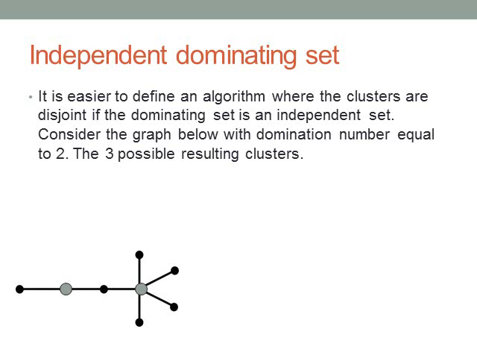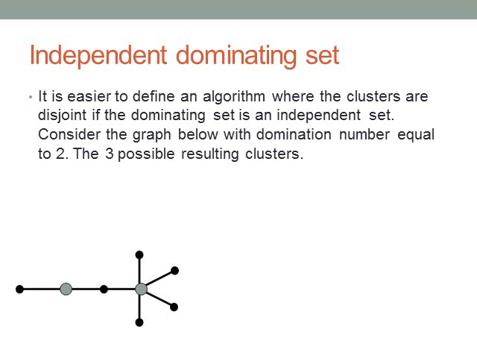If we want a cluster partition rather than a cluster cover, we most likely would want an independent dominating set. If we have, as below, an independent dominating set, then when we choose a vertex in the dominating set to be the head of our cluster, and we remove it together with all of its neighbors, we will not be removing another dominating vertex if the dominating set is independent.